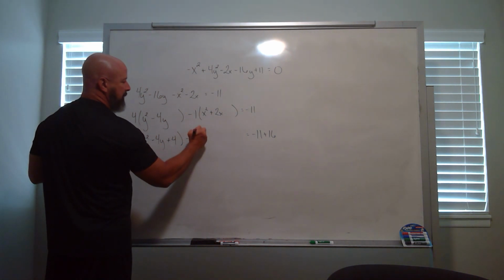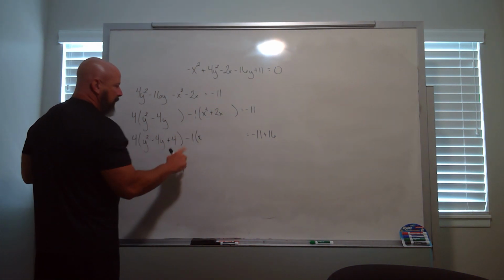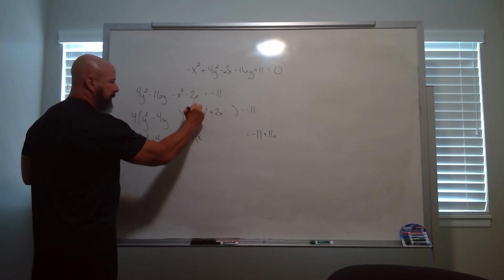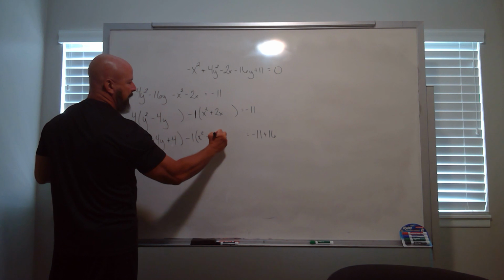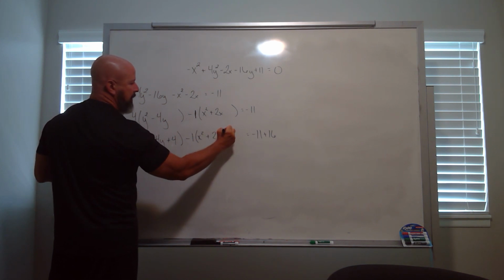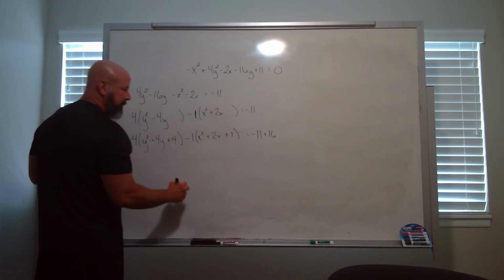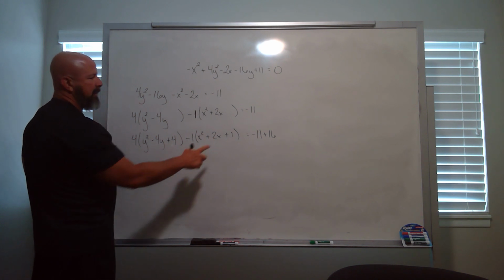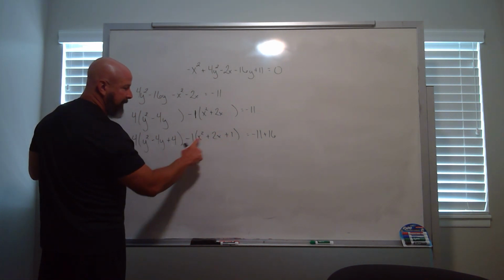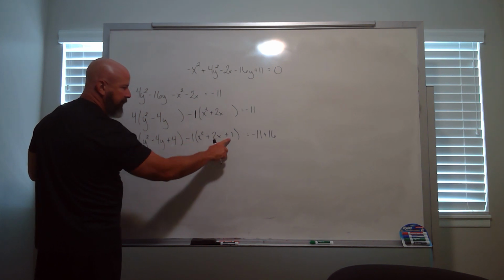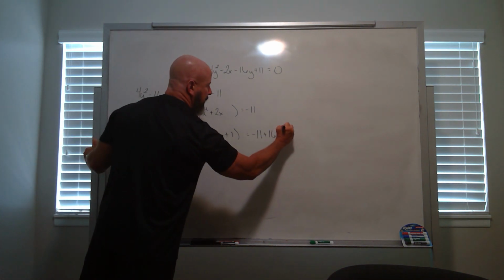Minus 1. I don't really need the 1 there, but sometimes it's helpful to see it. X squared plus 2x, half of 2 is 1, squared is 1. And to balance it, I'm adding a 1 inside, but overall I'm subtracting a 1. So if that negative 1 was redistributed, I'm really subtracting a 1.